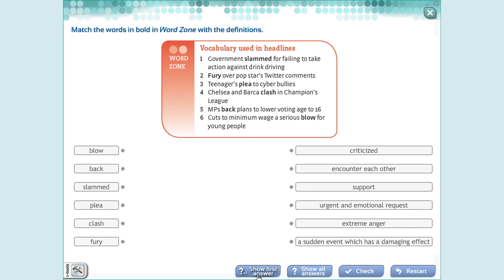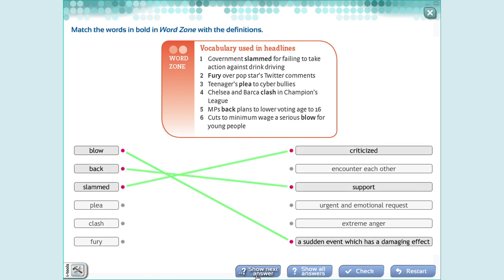So what are the definitions? We have here criticize, encounter each other, support, urgent and emotional request, extreme anger, a sudden event which has a damaging effect. So the word blow means a sudden event which has a damaging effect.